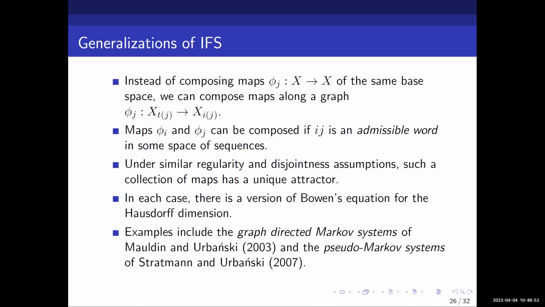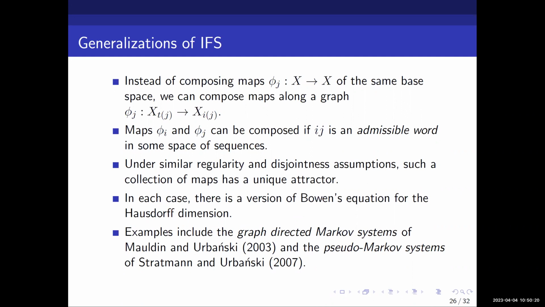They have applications in expanding maps on manifolds or in complex dynamics. They also have applications for group actions: limit sets of Fuchsian groups and Kleinian groups can be coded using graph-directed Markov systems. If you have infinitely generated Schottky groups, you can code those using pseudo-Markov systems.